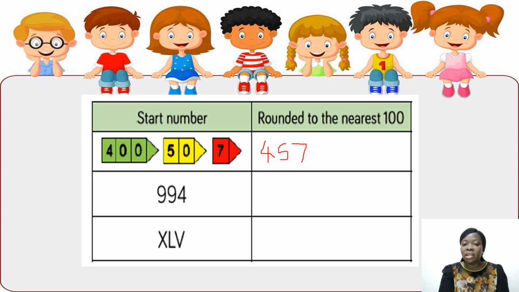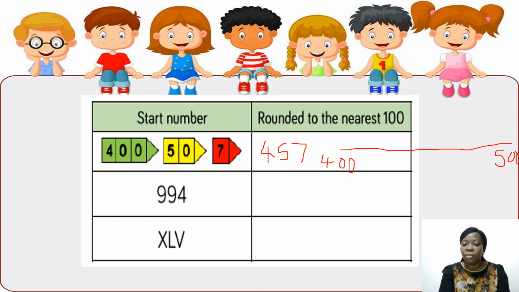So what are the 100 numbers which 457 sits between? First, you draw your number line. Did you say 400? If you did, then you are correct. And then the other 100 number is what? 500. Good job. Well done.